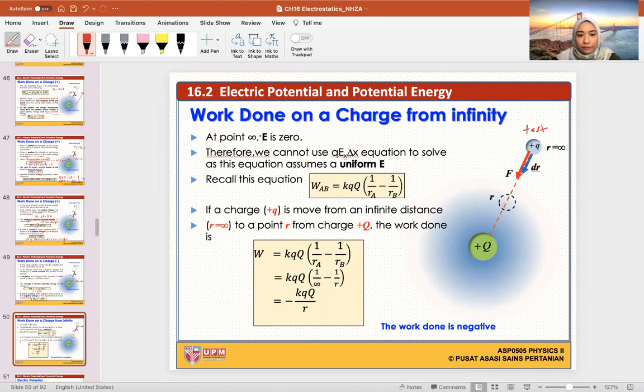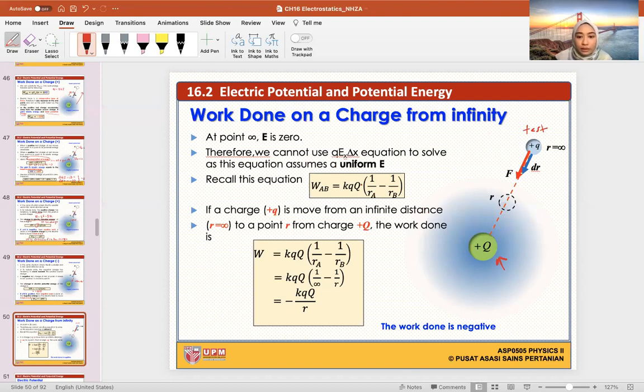At infinity, E is 0. Therefore, we cannot use the QEΔx equation to solve, as this equation assumes uniform E. Remember, when we use QEΔx, we are assuming the E is the same everywhere. But if we start from infinity, obviously the E from this charge cannot reach that place. So we cannot use that equation.